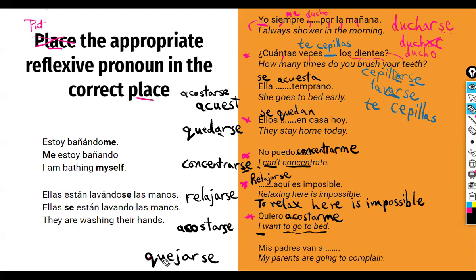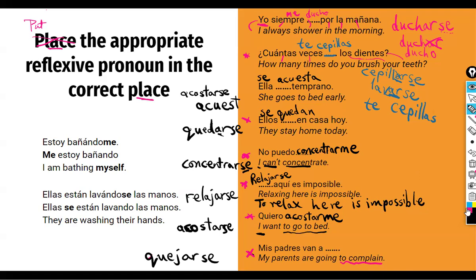Okay, last one. Quejarse, to complain. My parents are going to complain. Mis padres van a, okay, this is another tricky one. I'm gonna put a little pink asterisk here because to complain is what form of the verb? Is this a conjugated verb or is this the infinitive? Is this what we call the infinitive? Because it's in a to form.